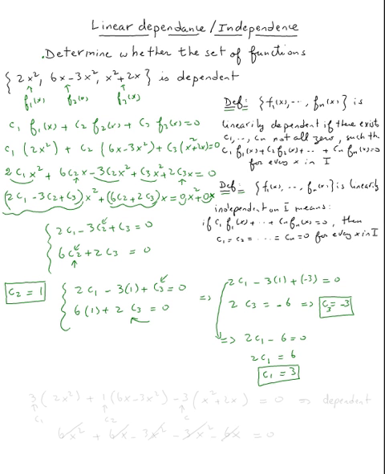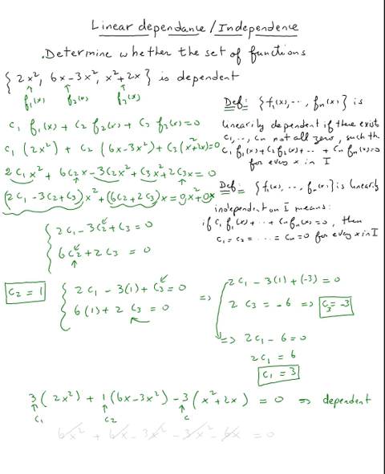Basically what we just proved is c1, which is 3, times the first function, plus c2, which is 1, times the second function, plus c3, which is negative 3, times the third function, is 0. We can check it just to make sure. So this is my c1, this is my c2, and this is my c3. First let me write: therefore our set is dependent.